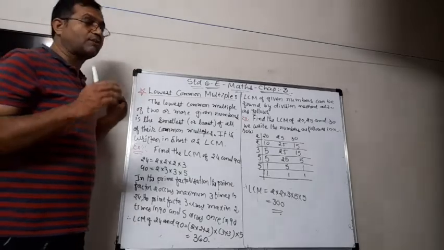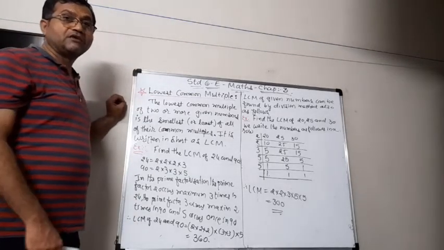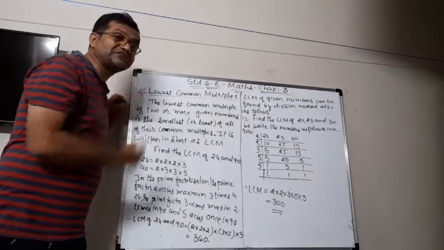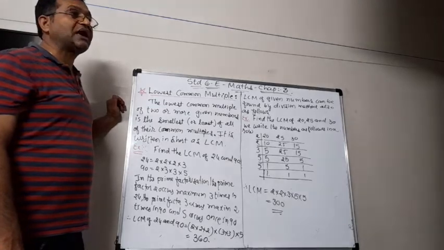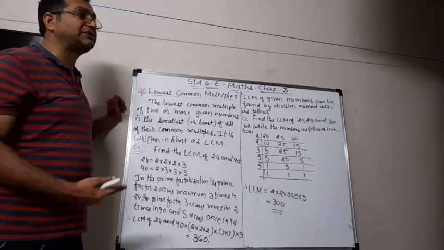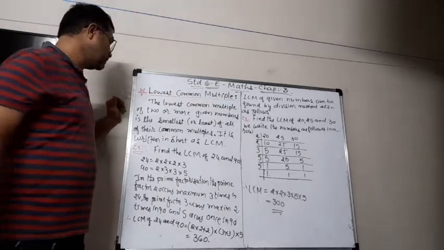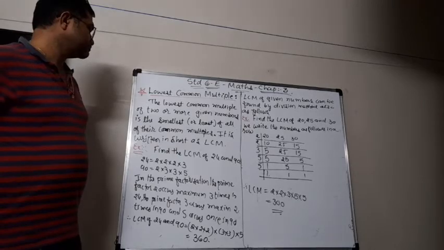So whatever are the common multiples of the given numbers, among them we have to take the smallest one, and that will be the LCM, the least or lowest common multiple of the given numbers. Let us understand with an example.